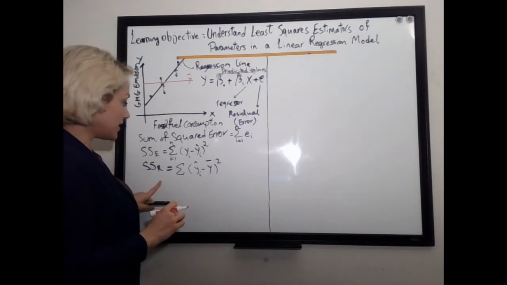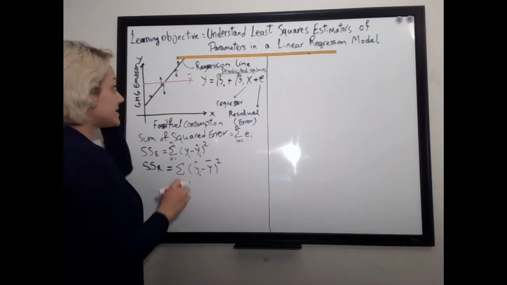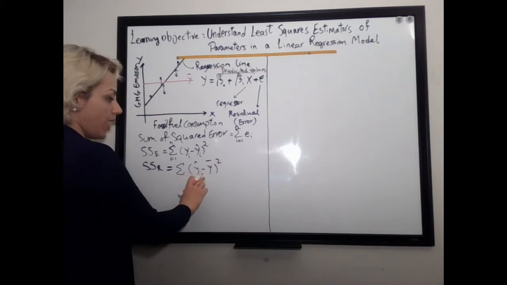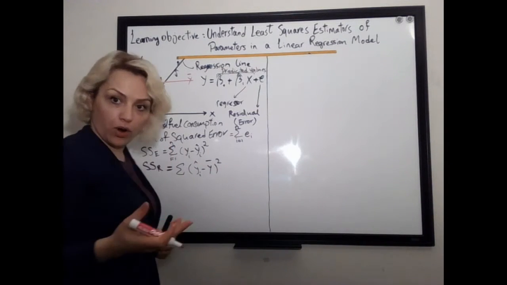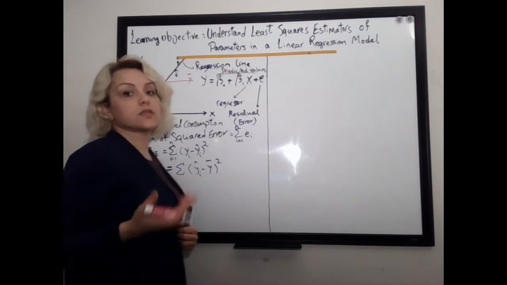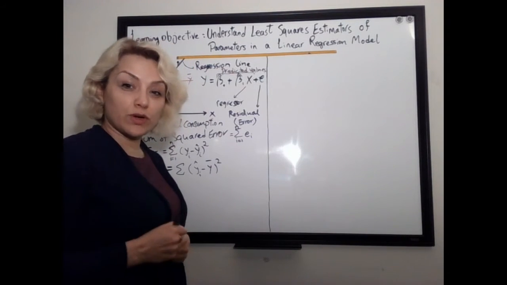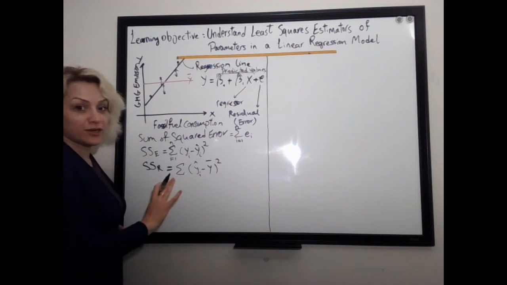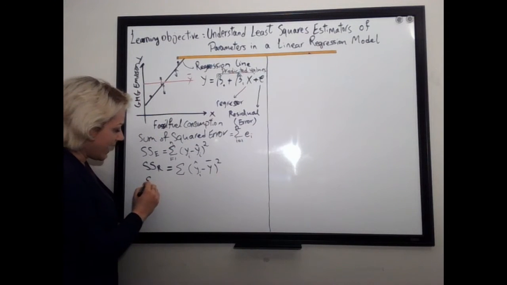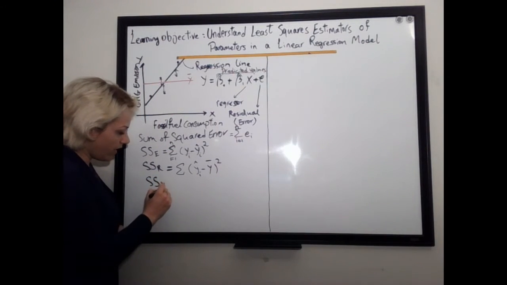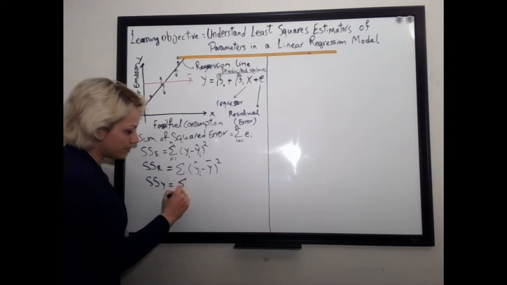For the regression line, we said that our estimate minus y bar, the deviation, gives me the sum of the square of the regression. So for the sum of the square of y, we have a very similar situation. We would say the sum of the square of y is equal to the sigma.